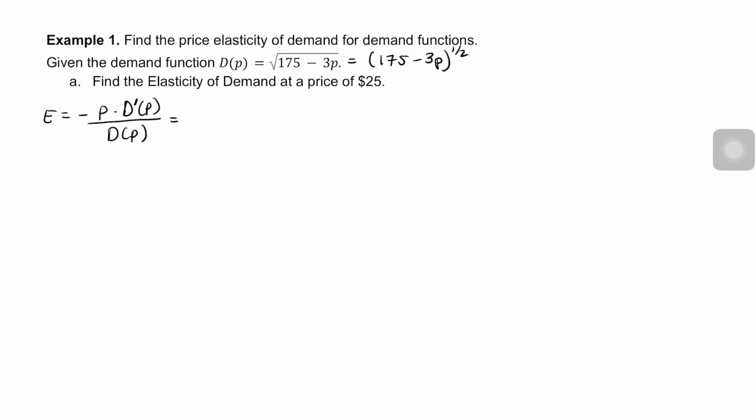So this is negative p times D prime of p. What is D prime of p? Well, we have to take the derivative of this, which means we have to use the chain rule.